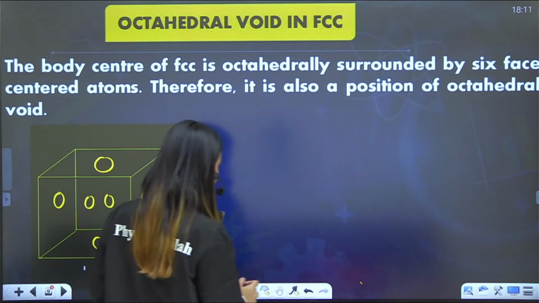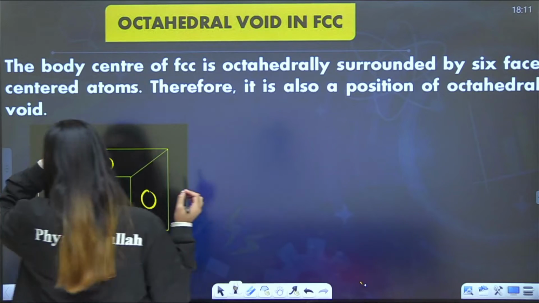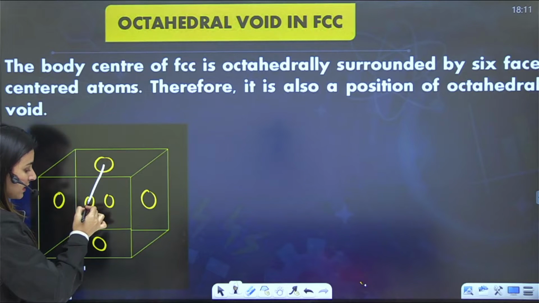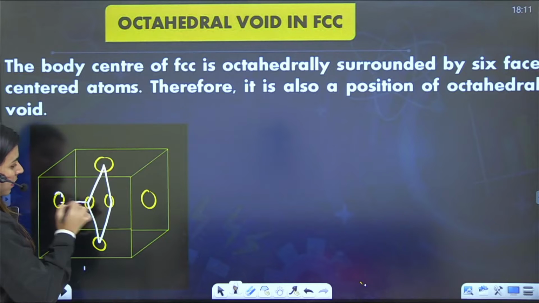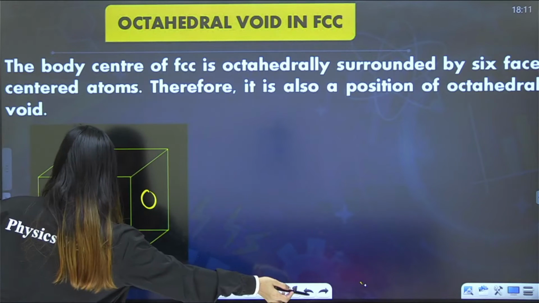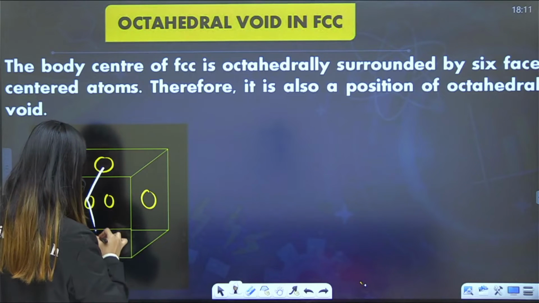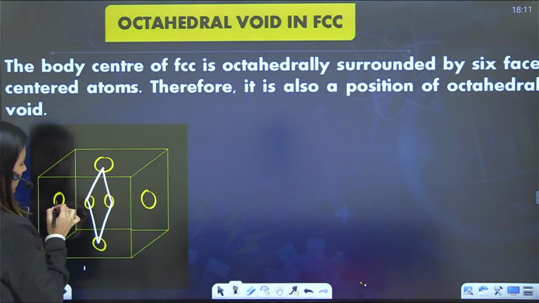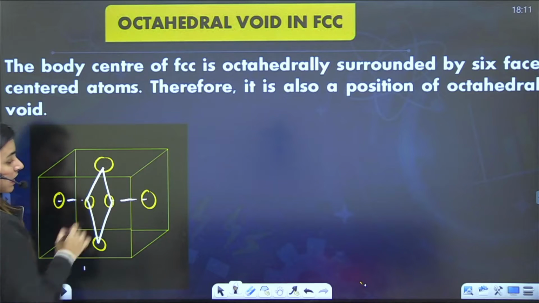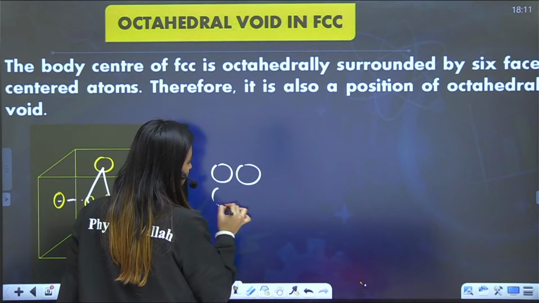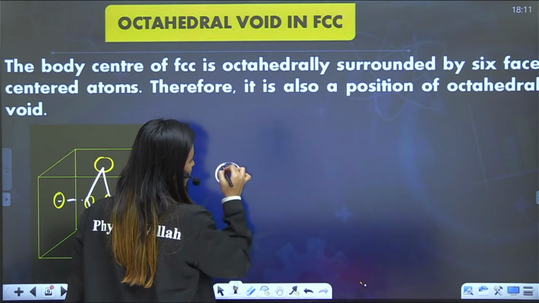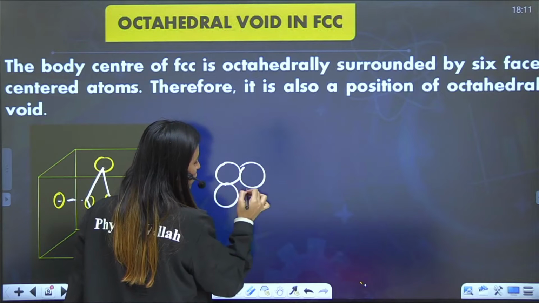If you try to visualize it, my dear students, can you say that this is how your four atoms are present, and this is an atom above it, and this is an atom below it? You can just connect these four like this, and then you can say this and this. Doesn't it seem like four atoms together? Four atoms touching each other. I told you the atoms do touch each other.